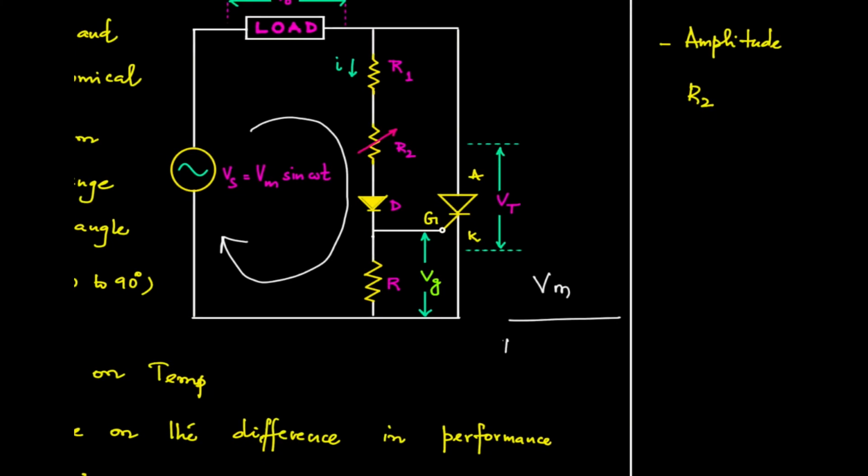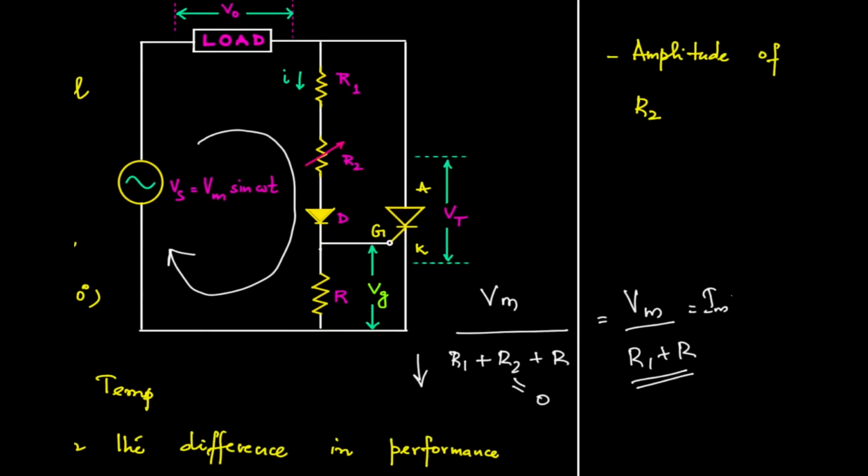Total resistance will be R1 plus R2 plus R. This will be minimum when R2 equals 0, or when the resistance is R1 plus R. And that is the maximum current that flows. So that into R is the maximum voltage that will be developed there.